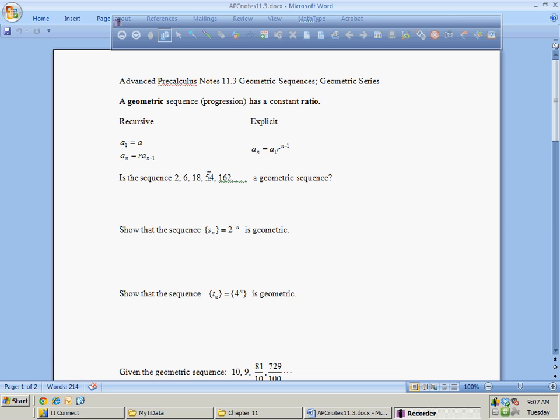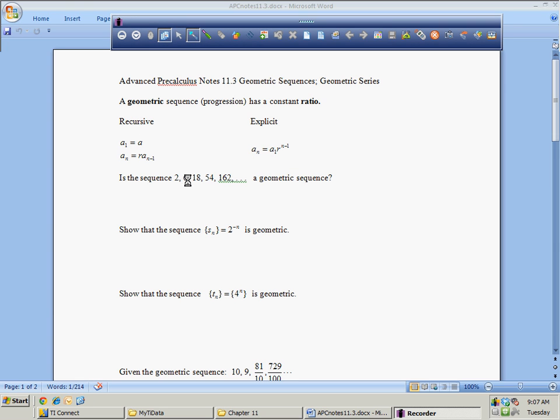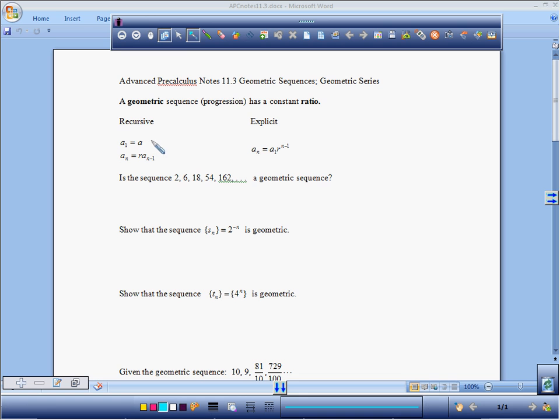So as you can see here, if I take some number, like in this case 2, and I multiply by what each time? 3, I get the next number. 2 times 3 gives you 6. 6 times 3 gives you 18. 18 times 3 gives you 54. And the answer to this is yes. Okay? Good?